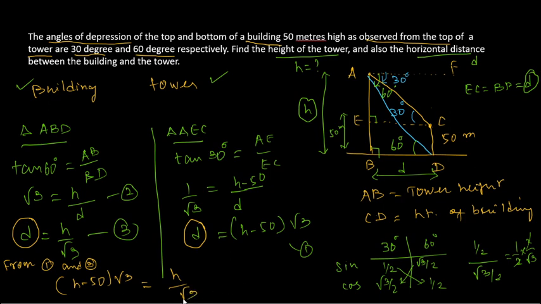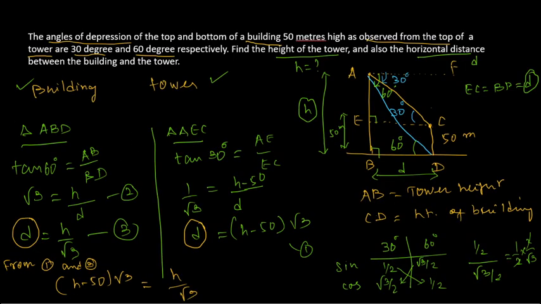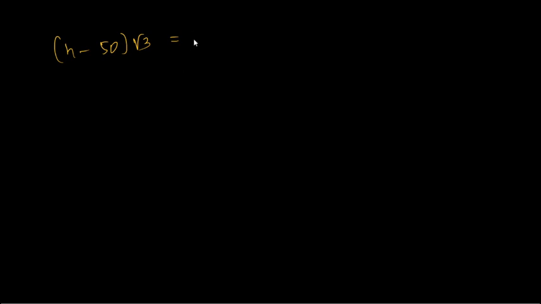Okay, now we can expand it by multiplying. Let me rewrite, H minus 50 into root 3, that is equal to H by root 3. Okay, so let me cross multiply this.